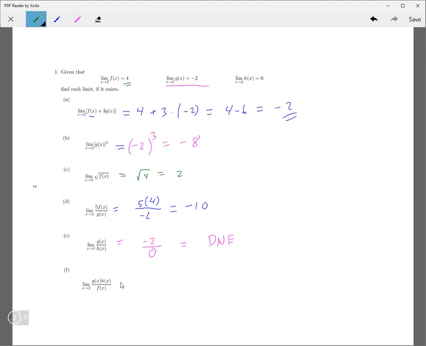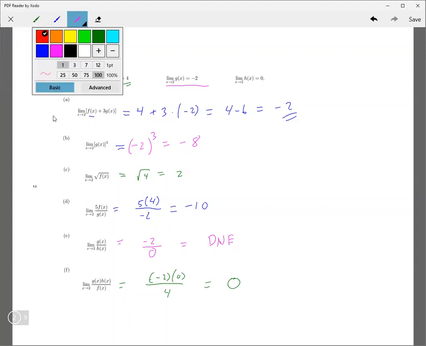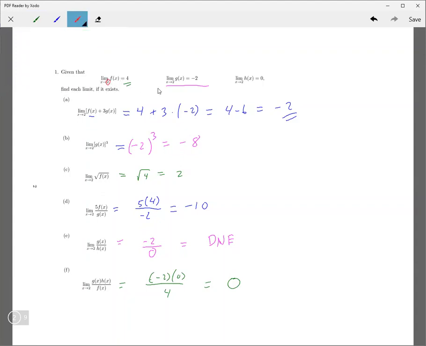And then this last one, the g limit times the h limit, so that's the -2 times 0 over the f limit, 4, and that's going to be 0. Okay, now you also have to pay attention to one thing here, and let me just circle that these limits are going to 2.